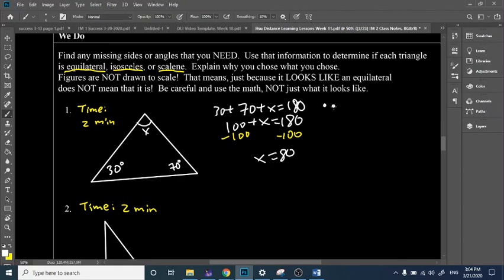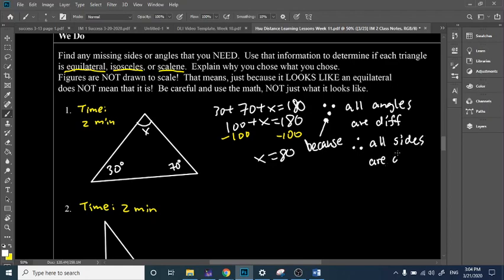So you can say: because all angles are different, therefore all sides are different. So this is a scalene triangle.